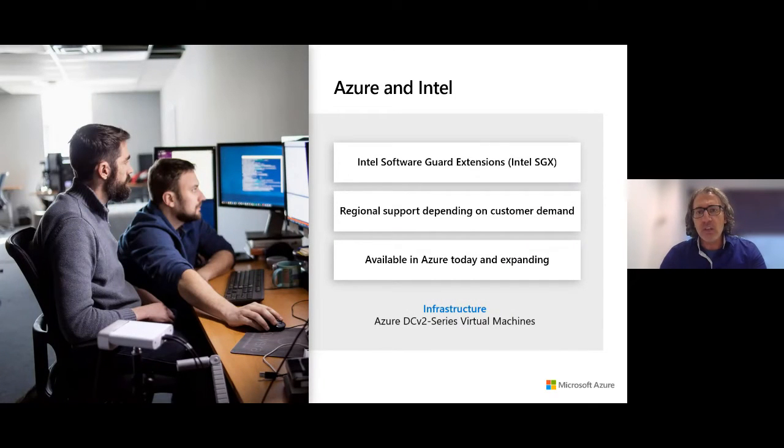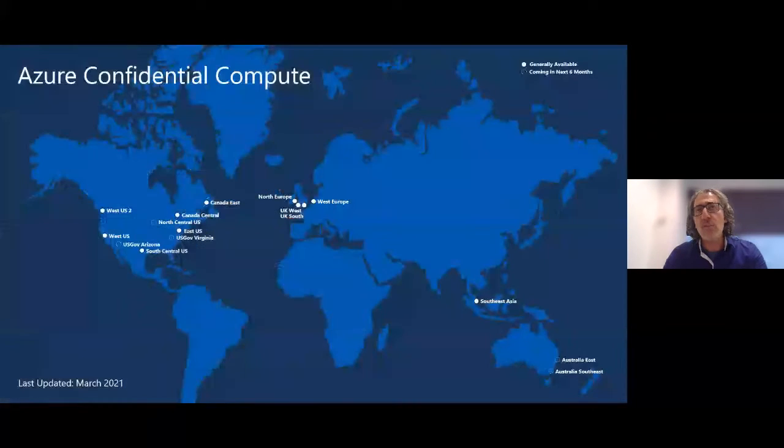In Azure, you can obtain this with a special family of virtual machines called DC-V2. These are confidential virtual machines that run on Intel SGX CPUs. And obviously, you appreciate that from a geographic perspective, there is a dependency on having these SGX extensions available in different regions.